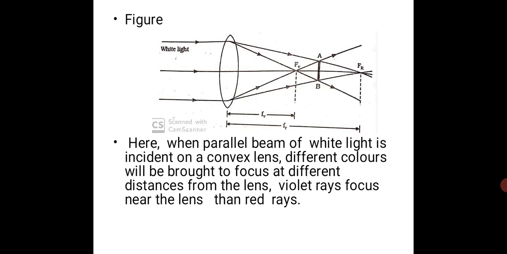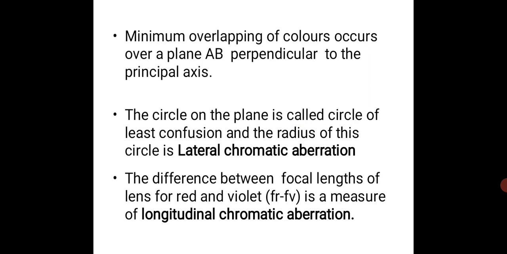This circle on the screen is called the circle of least confusion, and the radius of that circle is the measure of lateral chromatic aberration. At AB, the minimum overlapping of the colors occurs over a plane AB which is perpendicular to the principal axis.